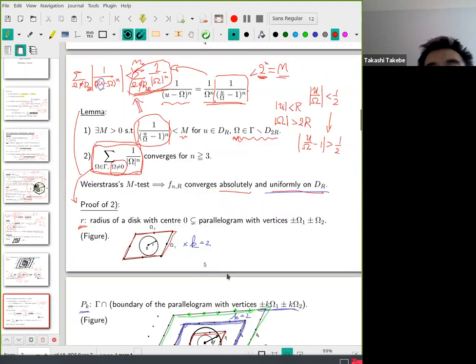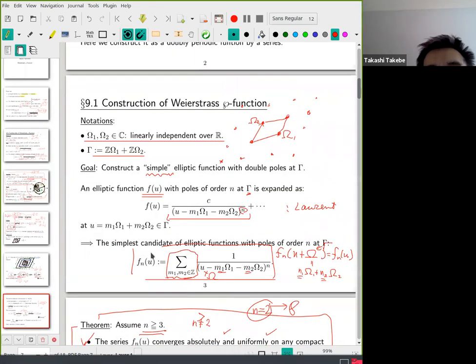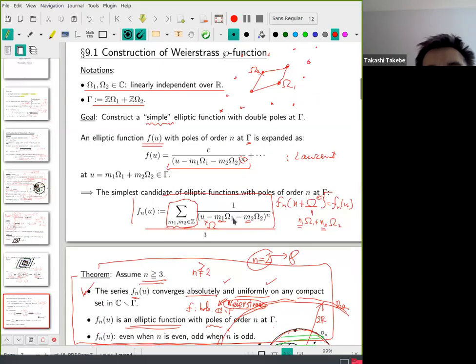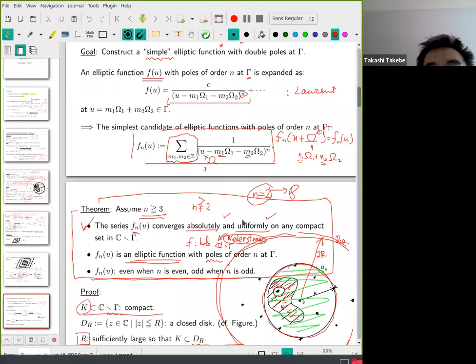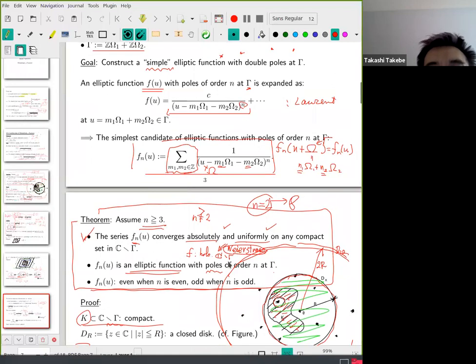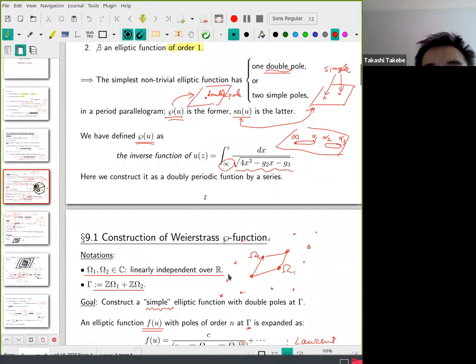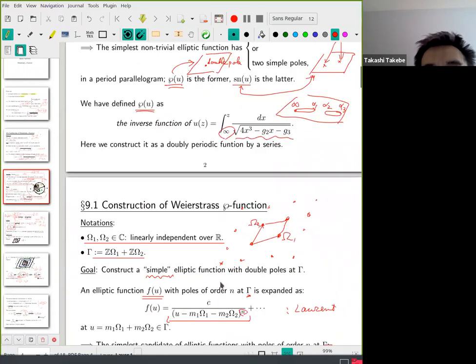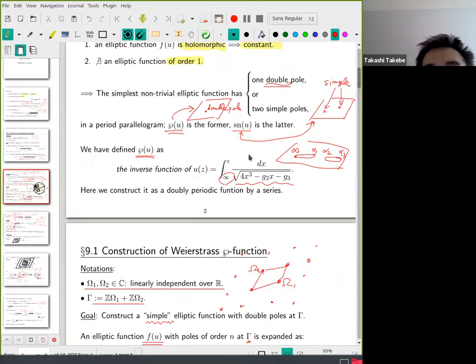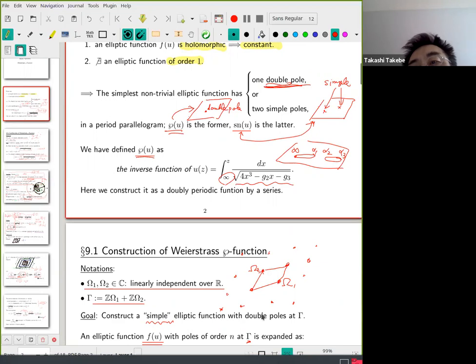So we obtained some elliptic function of order n, but n is larger than 2. As we discussed, we want an elliptic function of order 2, not 3.